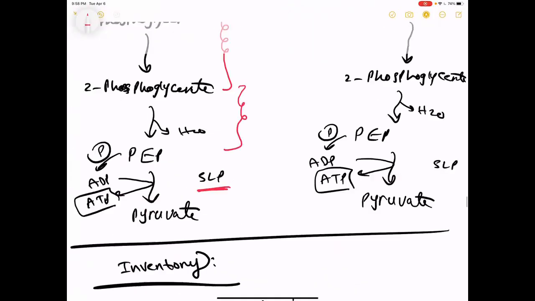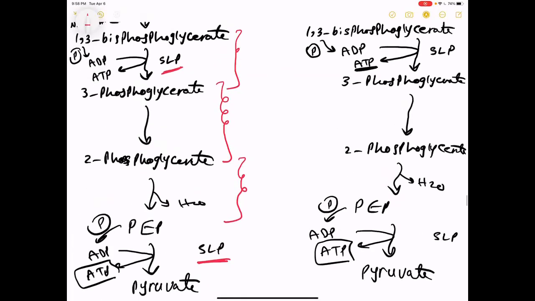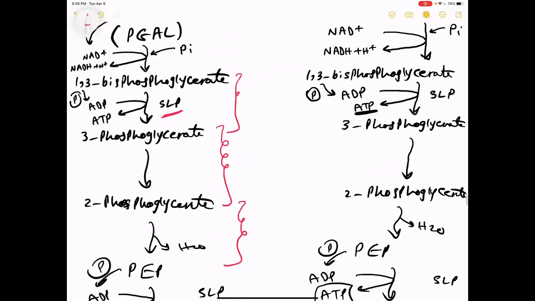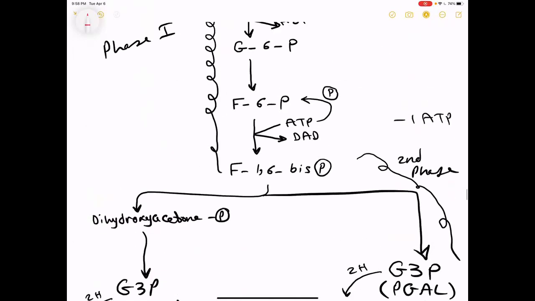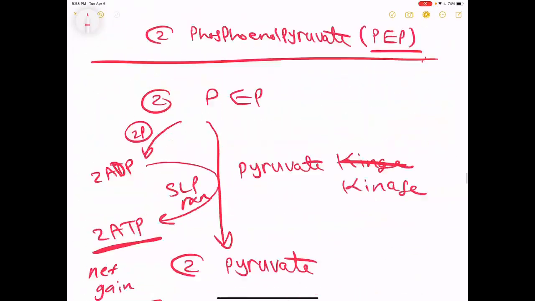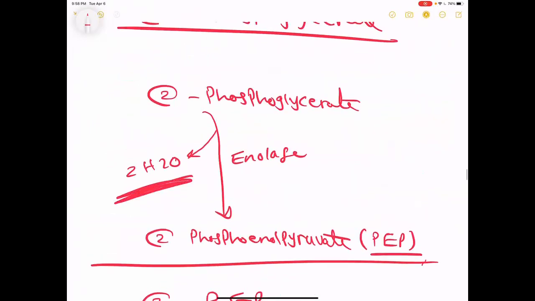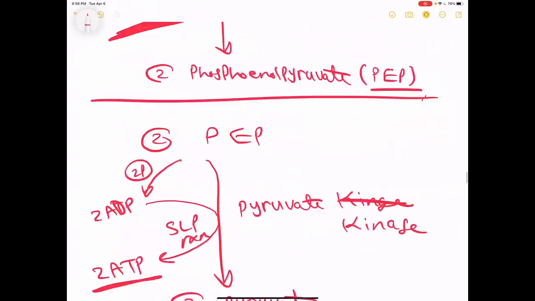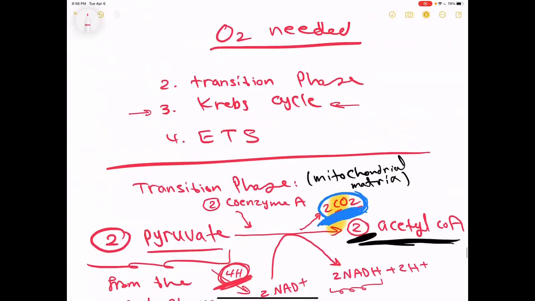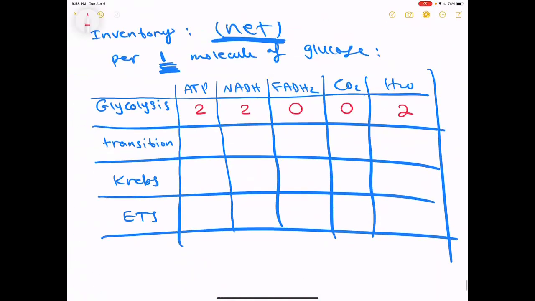In transition, we did not release any ATP, NADH 2 of them, FADH2 still 0, CO2 2.